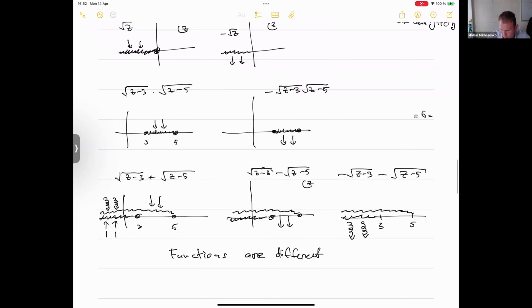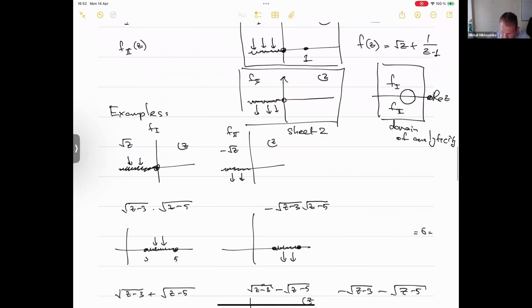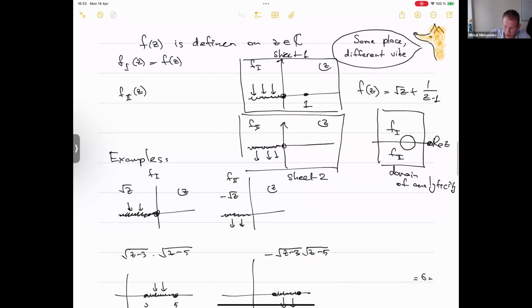I prefer to think of f1, f2, f3, and f4 as the 4 different functions that have some lines along which they continue each other.